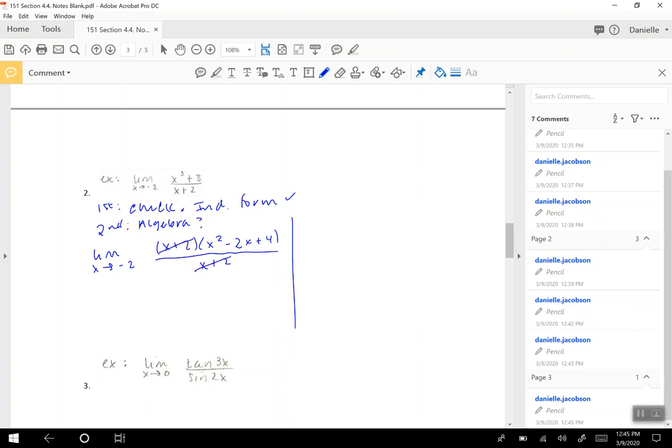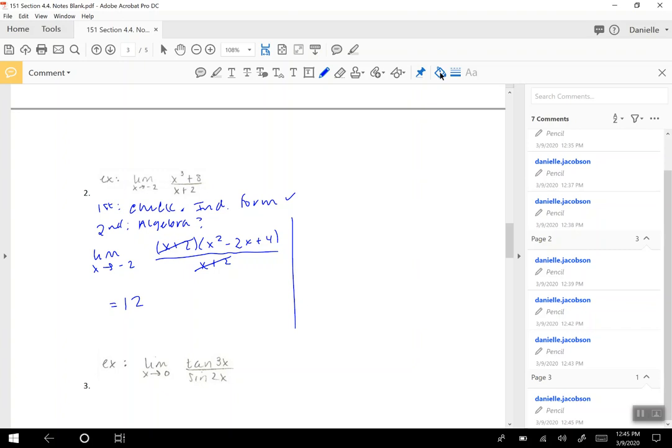The x plus 2's divide out. So we're left with the limit as x goes to -2 of x squared minus 2x plus 4, and we can actually go through and run that. So if we run that limit through, we would end up with 12, I believe. So this is equal to 12. All right, check that. So run the -2 through. Let's see, you'd get a 4 plus 4 plus 4, which is 12.